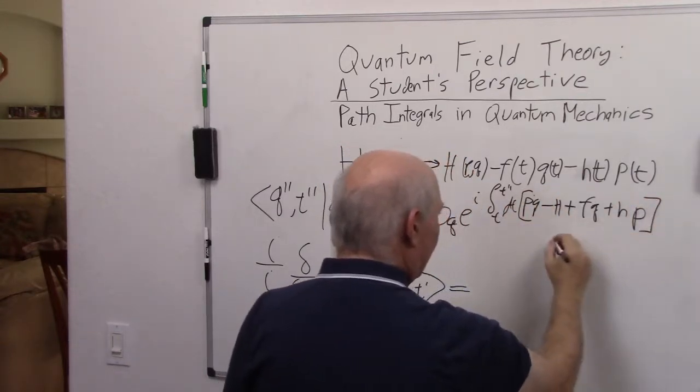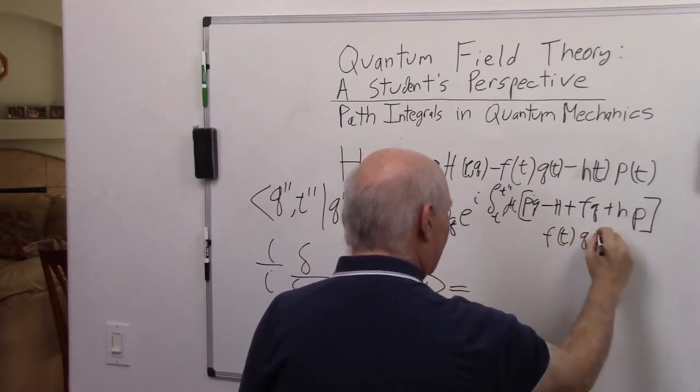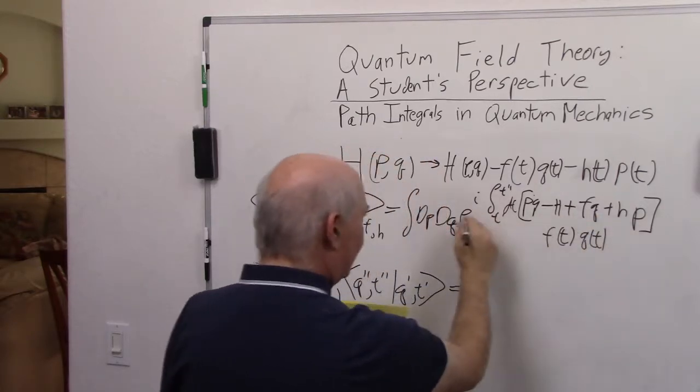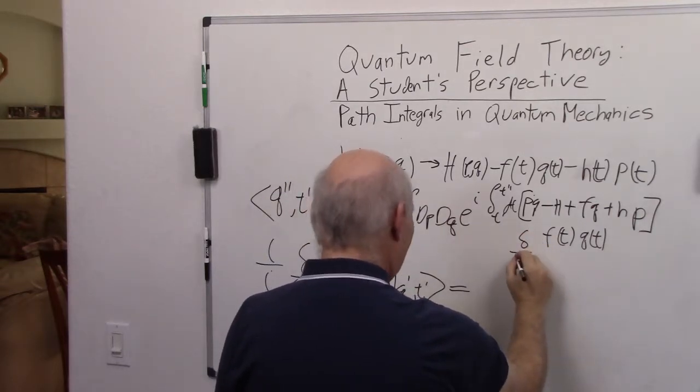Then I'm going to take this whole thing, I left out the dt here. So I'm going to have something like f of t, q of t, which is going to come down outside the exponential. We're going to take del f of t1.